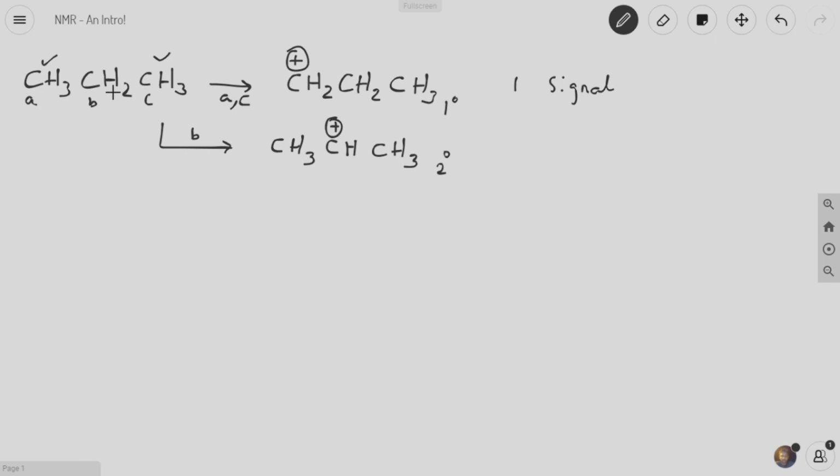What we try to understand from here is that the chemical environment of these protons is different from these protons. So hence the protons attached to the B carbon will give another signal. So totally we'll get 2 proton NMR signals for propane.